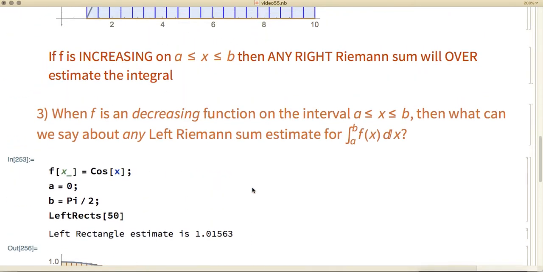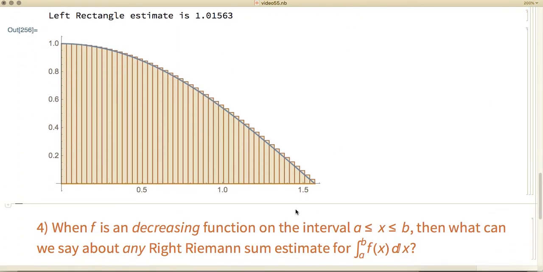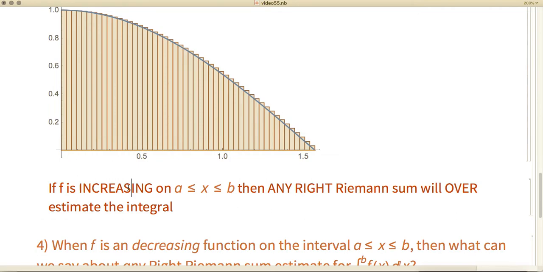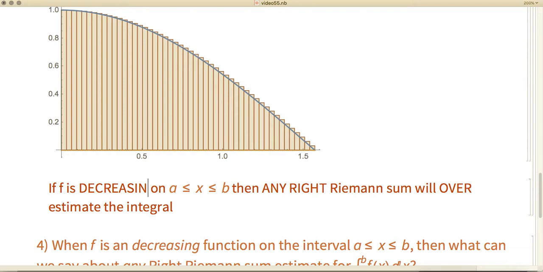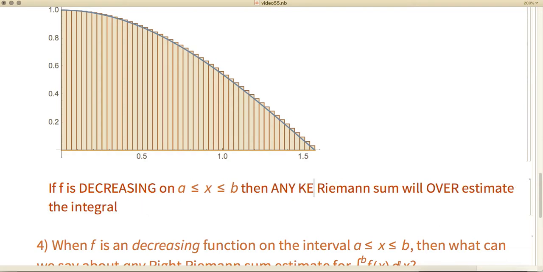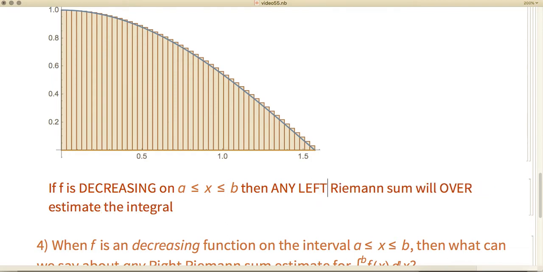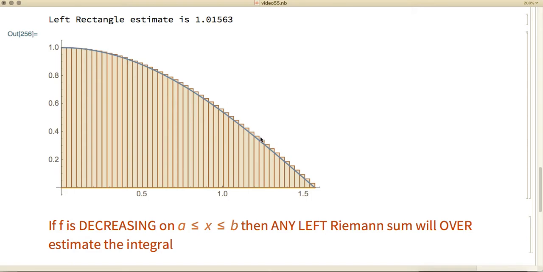So let's grab my text cell, and I will copy and paste it and edit it. What we've seen for functions that are decreasing, if I look at any left Riemann sum, I will get an overestimate because that's what we're looking at right here.